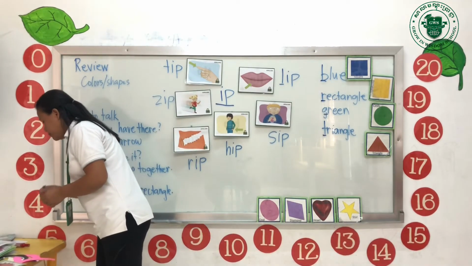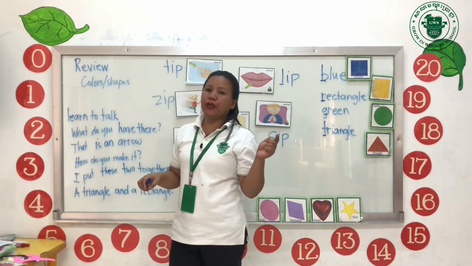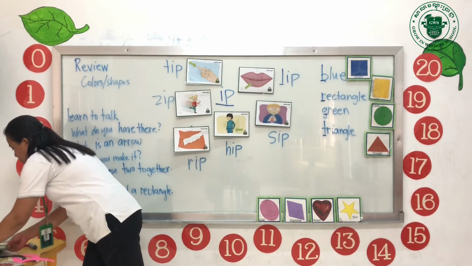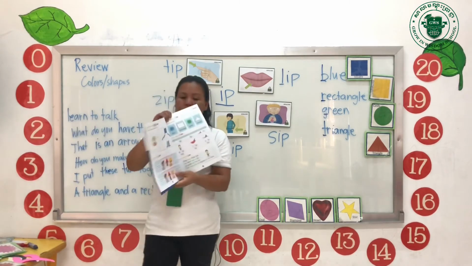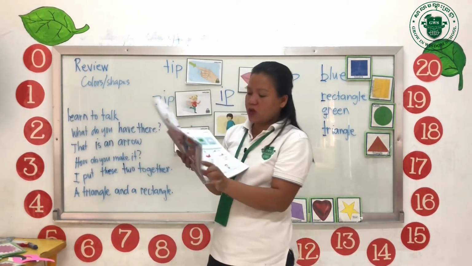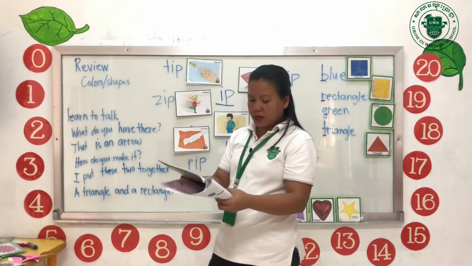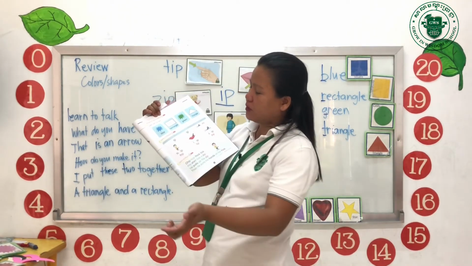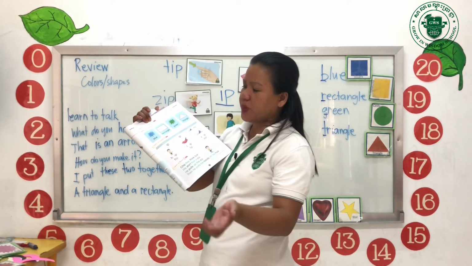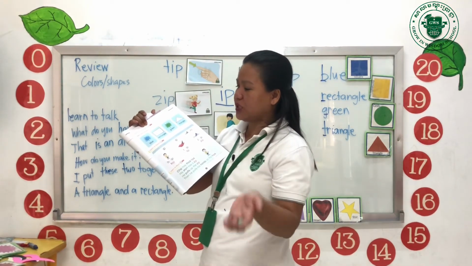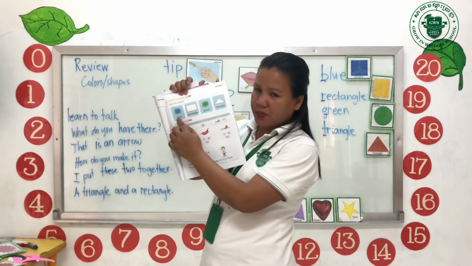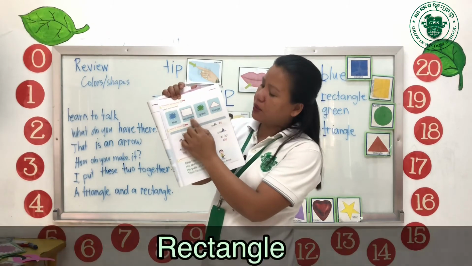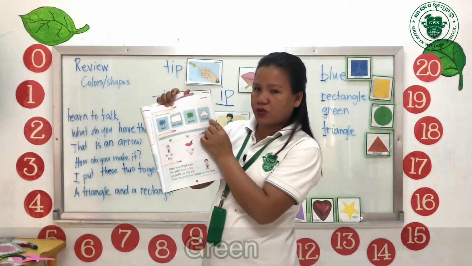Okay. But your book I have here. Here, you're going to answer this page, your page 11. This one is just practice: listen, point, and read. Like for example here, this is blue, rectangle, green, and triangle.